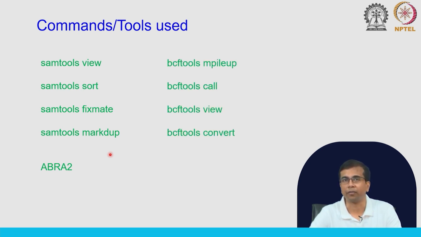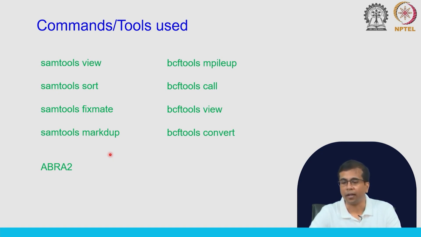And similarly, for BCFtools we use these commands mpileup, call, view, convert, etc. Again, all these commands come with their own options, and you have to go through these options and see which one actually will apply in your case. Again, doing that in the class is not possible. So, what I did, I just collected all those commands and we did the hands on, but I encourage you to explore this a bit more.